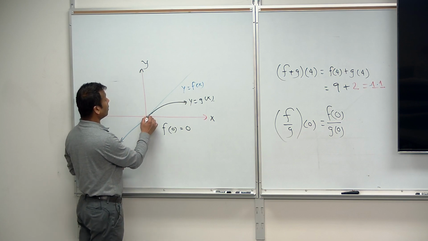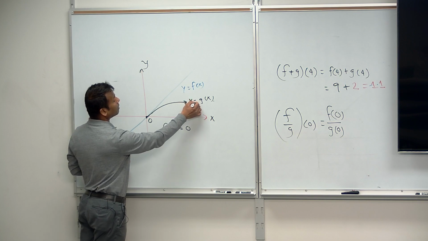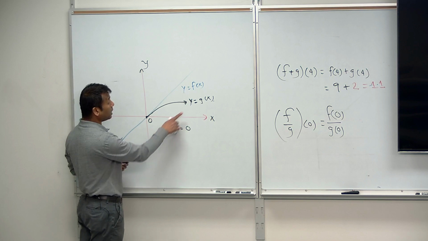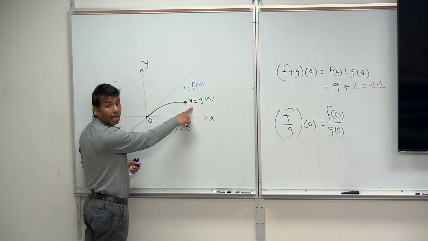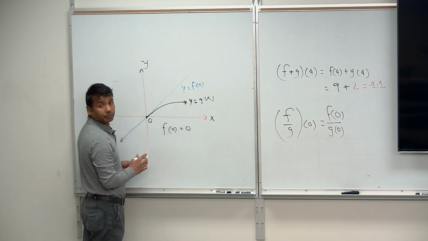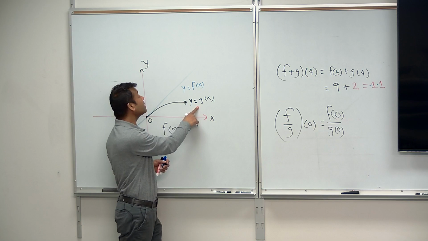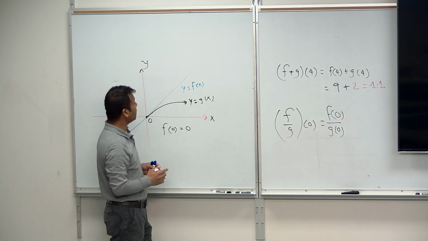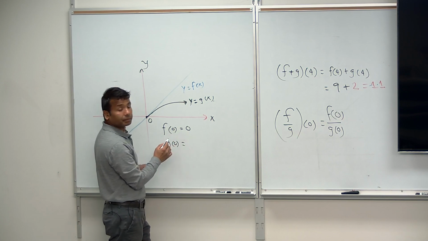So now this black one, you see, is the graph of the function y equals g of x. So what is the value of g of 0? g of 0 means what is the value of y when x equals 0, for the g function. What is g of 0? 0.